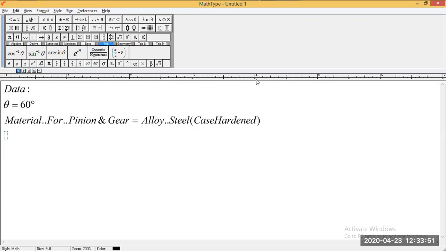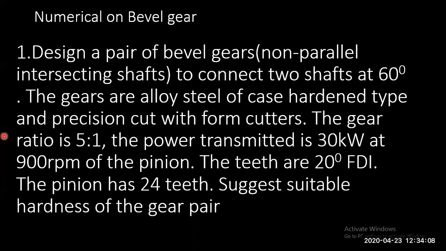So this makes our problem simple. How? Because we already know the weaker member is the pinion. We don't need to find the Lewis factor for the gear, so that is cutting down the work.